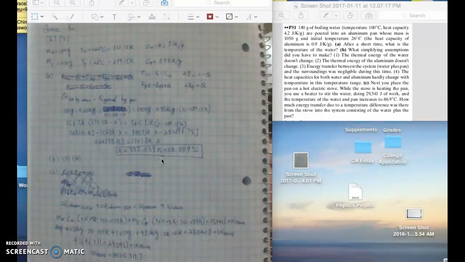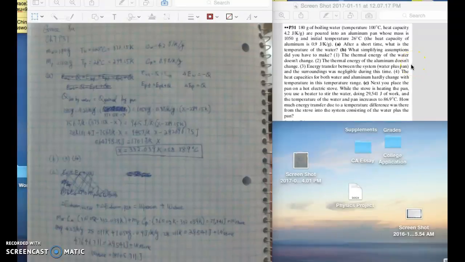So the final temperature turned out to be 332.039 kelvins, which is 58.889 Celsius. For part B, obviously 1 and 2 are incorrect since the temperature of both the water and the pan changed, so their thermal energy can't stay the same.